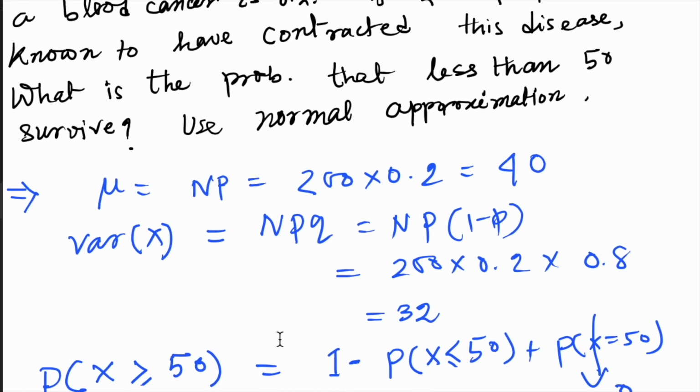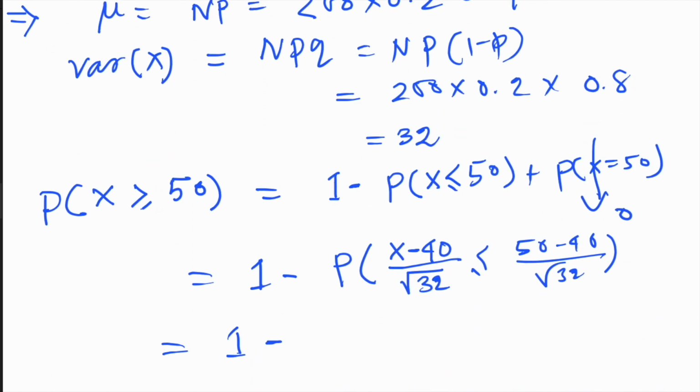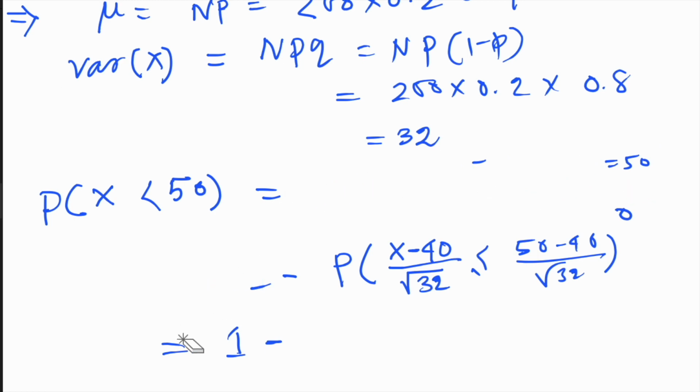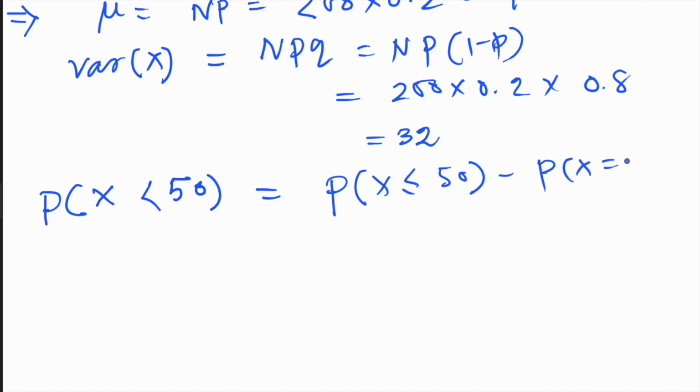Okay, so what is the word, less than 50 survive? Sorry, this is not greater than or equal to, this is actually less than 50. So let me write it: this is the probability of x less than or equal to 50 minus the probability of x equal to 50.